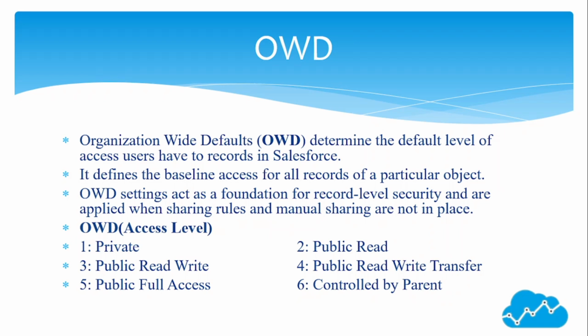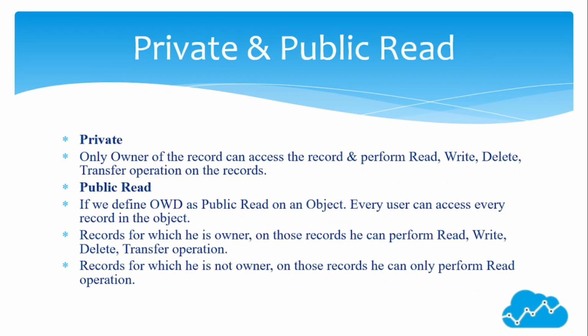OWD access level is of further 6 types: private, public read only, public read write, public read write transfer, public full access, controlled by parent. Private and public read only. Private: only the owner of the record can access the record and perform read, write, delete, transfer operations on it.